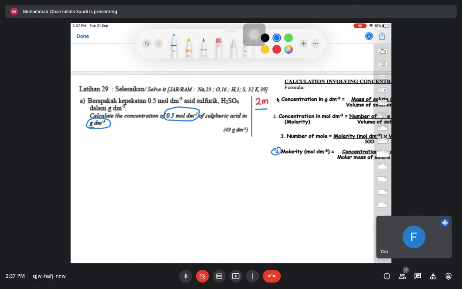So directly put into formula number 4, concentration. Okay, formula number 4 we have to change a little because the question wants concentration in gram per dm cube. So we just take the molarity times the molar mass. So first we find the molar mass. Molar mass of sulfuric acid will be 2 times 1 plus 32 plus 4 times 16.